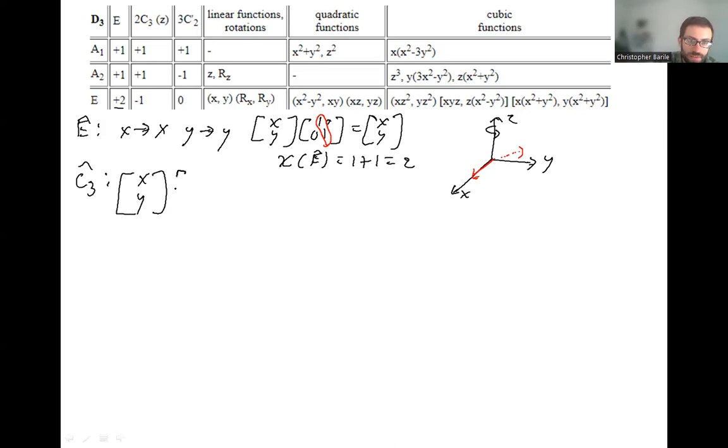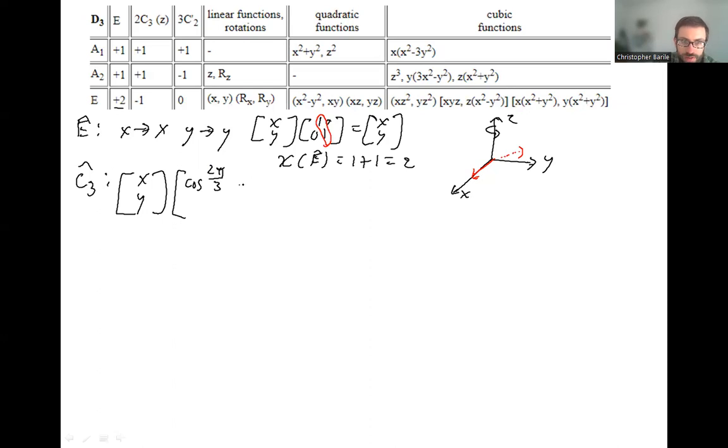For that, we're going to have to use the rotation matrix, so there's some trigonometry here. In the rotation matrix, we can use radians or degrees. I'm going to do radians. So 2 pi is 360 degrees, divided by 3, so that's a C3.